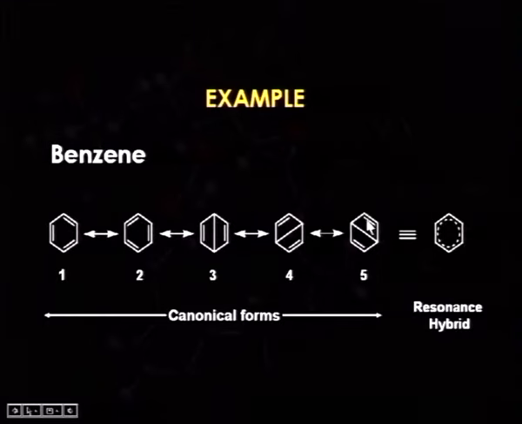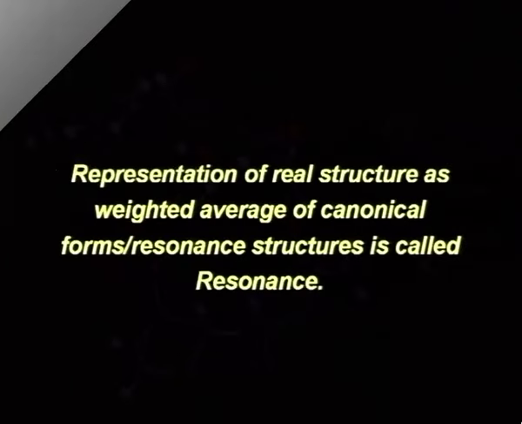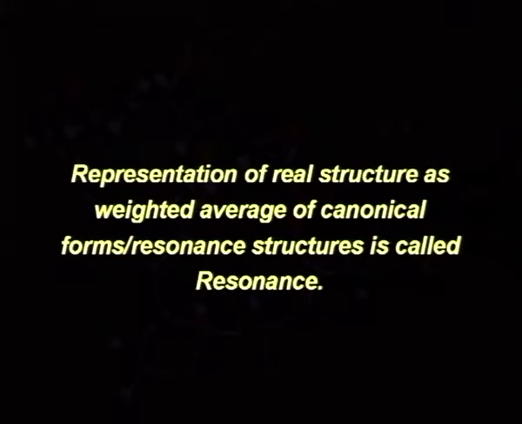So, these are various possible canonical forms for the benzene molecule and it is the overall resonance hybrid. Representation of the real structure as a weighted average of canonical forms or resonance structures is called resonance.